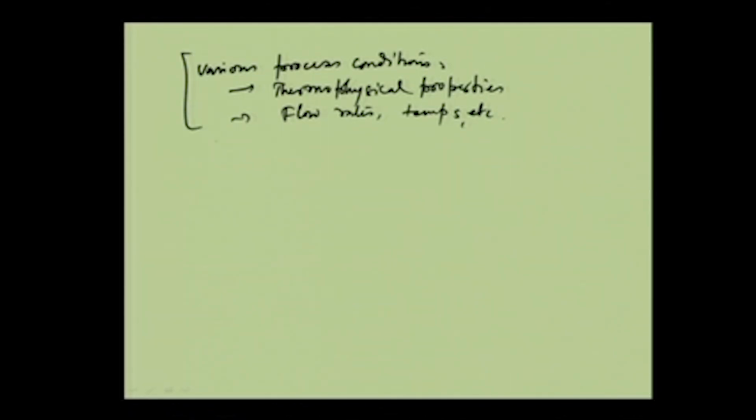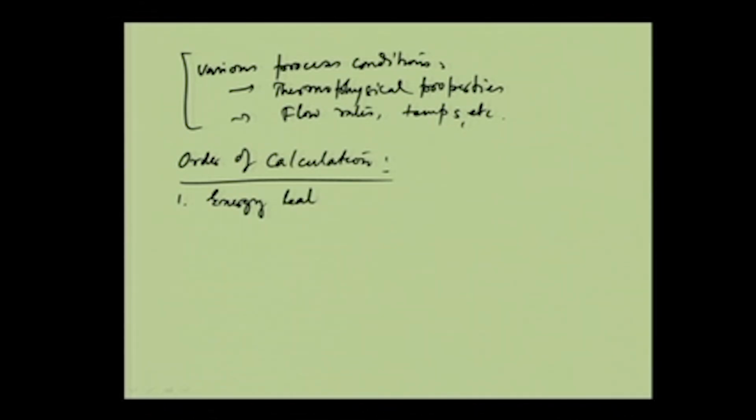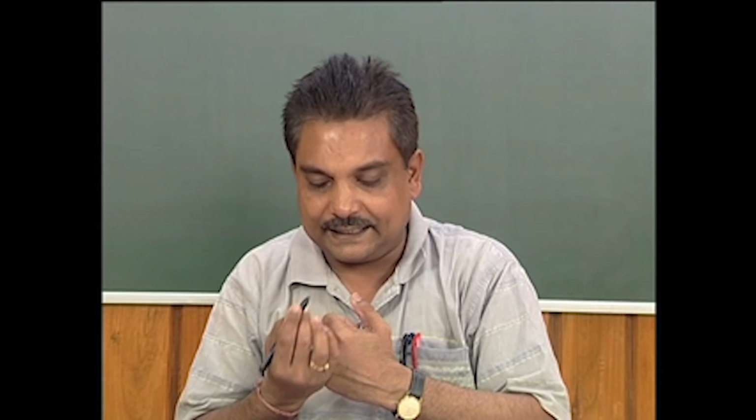And then the order of calculations. In case of double pipe heat exchanger, the order of calculation says that first we have to calculate the energy balance for the cold fluid, hot fluid and overall energy balance.